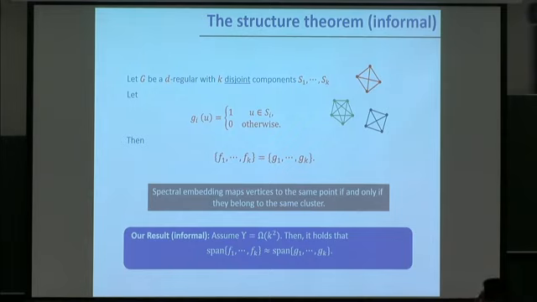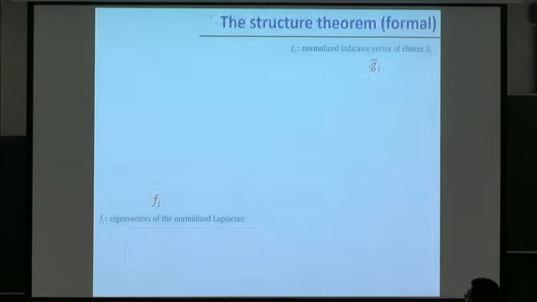What does it mean? Let's look at a formal version of the structural theorem. We have two sets of vectors. We have f1 to fk, which are the eigenvectors of the normalized Laplacian matrix. We also have gi bar, the normalized indicator vector of set Si with some proper normalization. I will skip the definition here. We can prove the relation between the fi and gi in two ways.